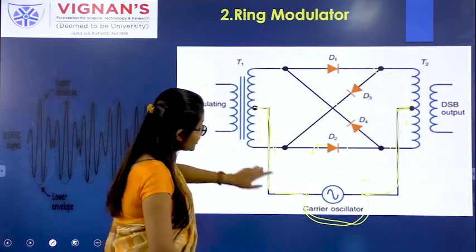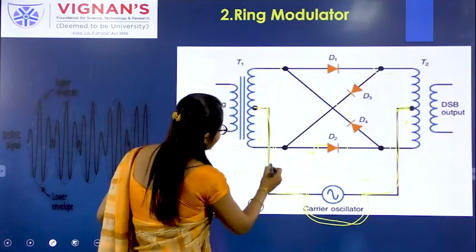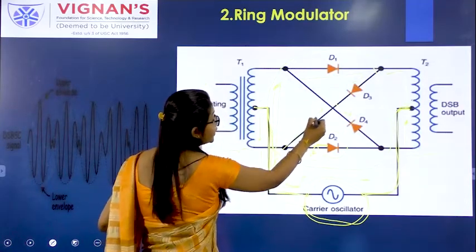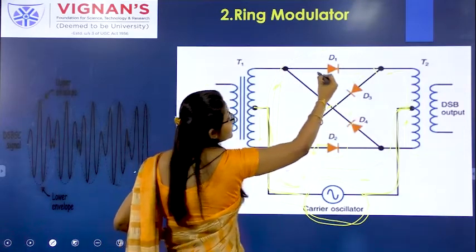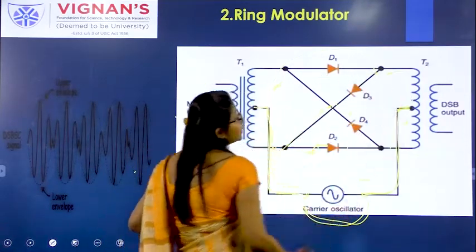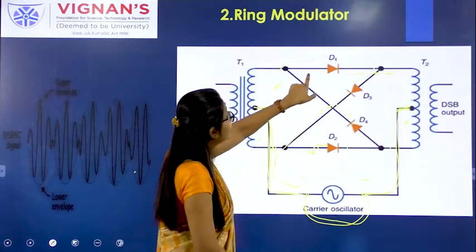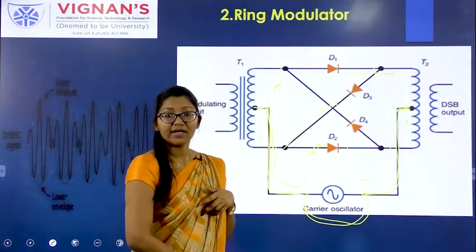If you see here, the current will flow positive like this, and also the current will go here like this, and from here it will go like this, and it will circulate like this, right? So if you observe here, the current flow for D1 and D2 is forward biased.